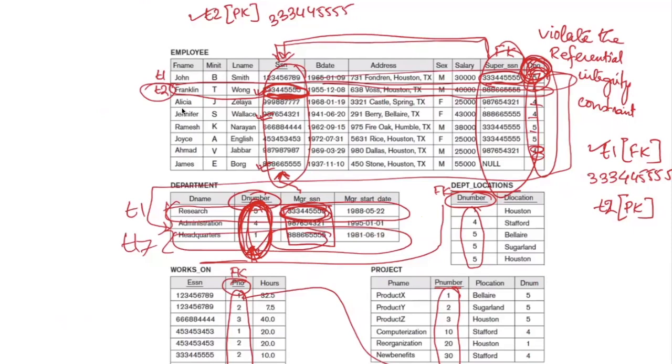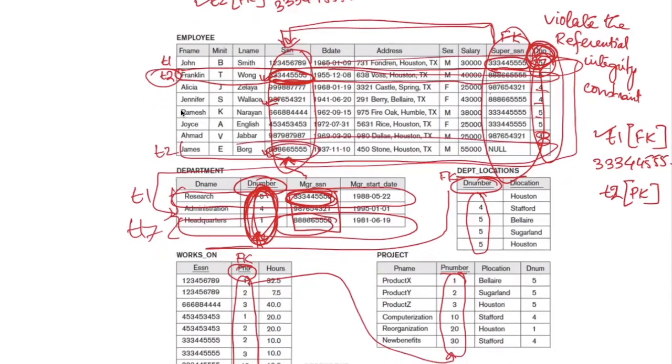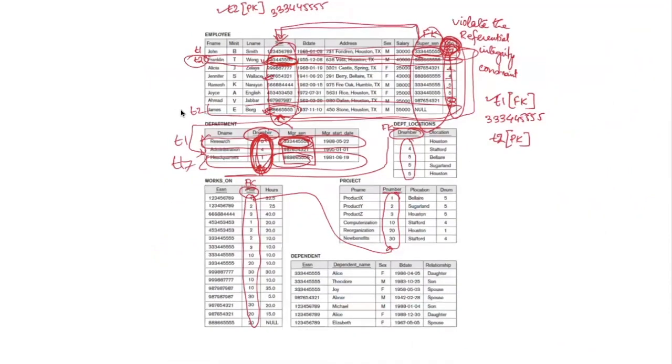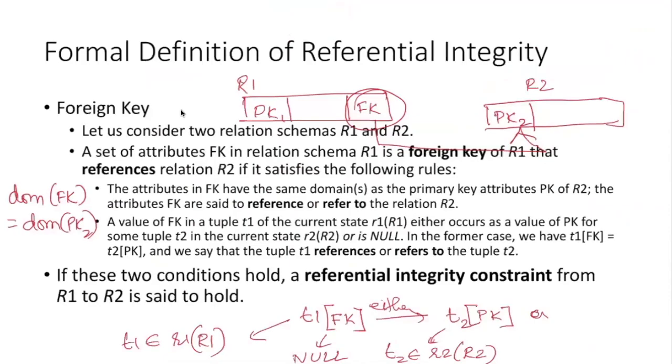I have to find a tuple with SSN 888665555. This is my T2 in that case, because it has this value. So this is the referential integrity constraint, and this is the formal definition of it. So what is a referential integrity constraint? You have to give this as the formal definition.